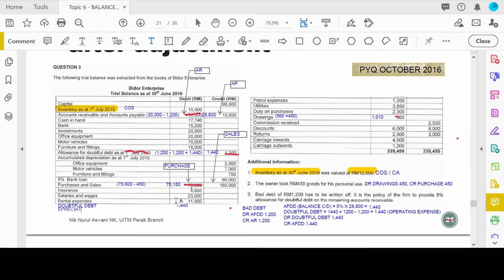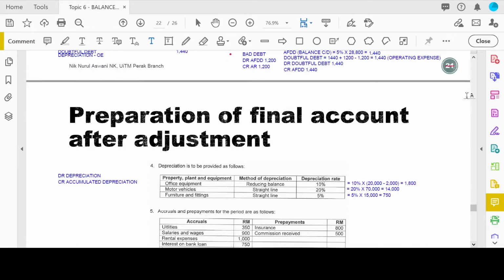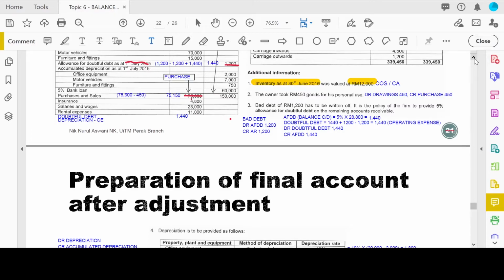Call it depreciation for office equipment. So depreciation for office equipment is how much? 1,800. So put it there as 1,800, and then proceed to the next one.